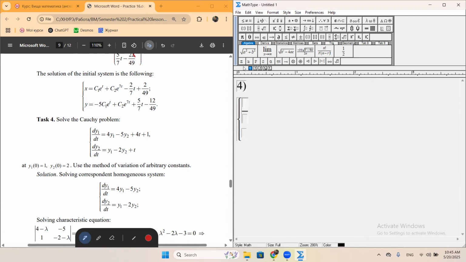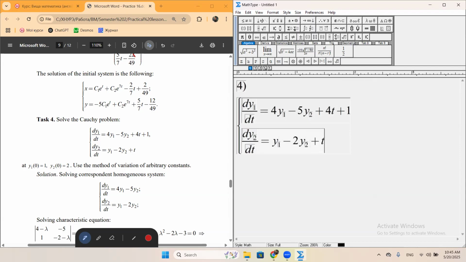dy1 by dt equals 4y1 minus 5y2 plus 4t plus 1, and the second equation dy2 by dt equals y1 minus 2y2 plus t.